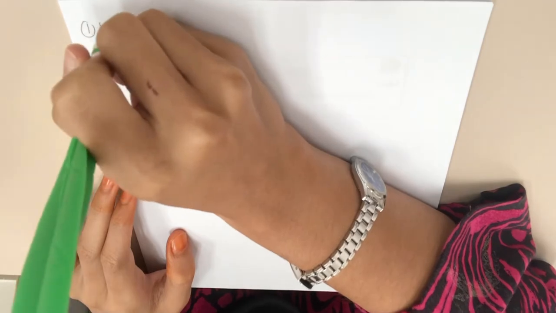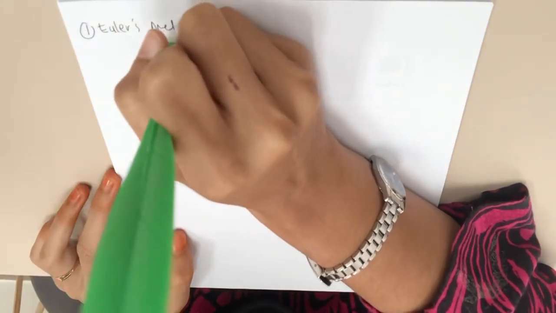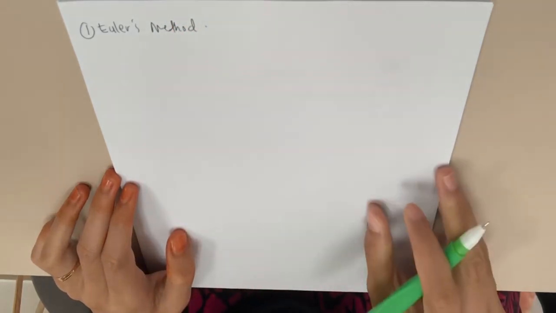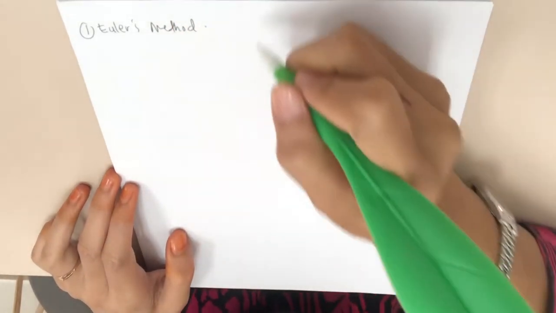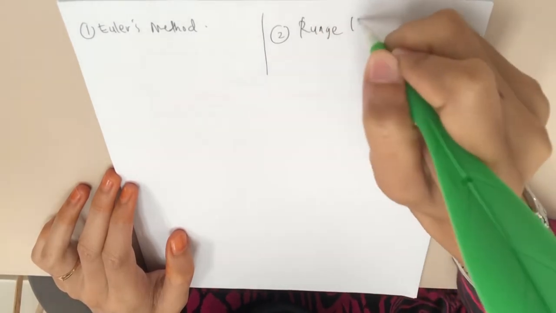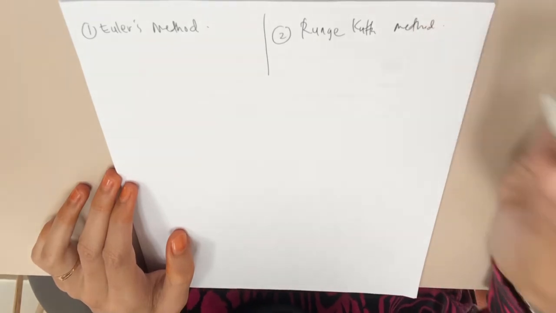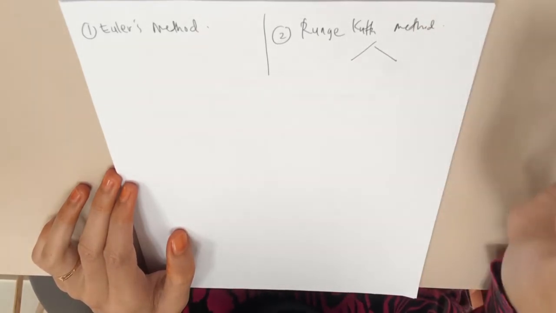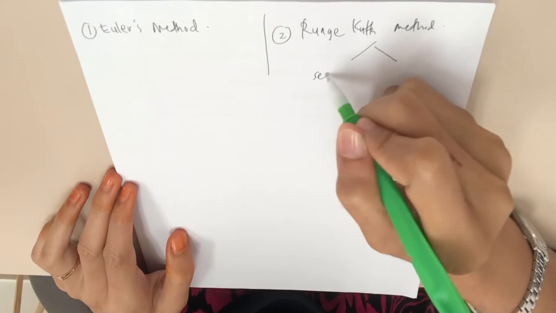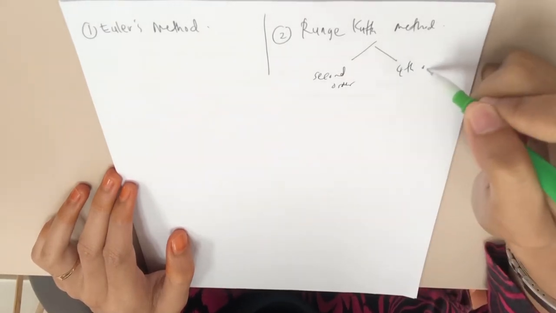There are two methods. The first one is Euler's method. The second one is the Runge-Kutta method, which can be divided into two: second order and fourth order.